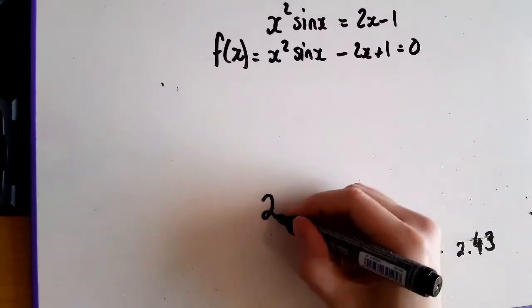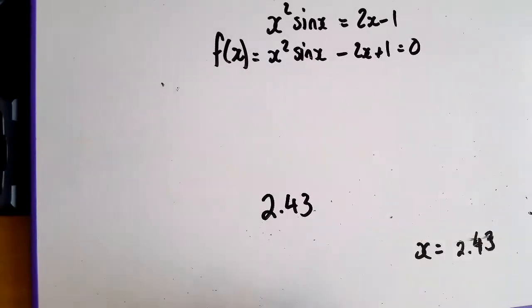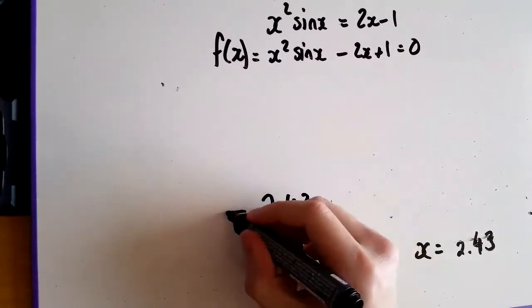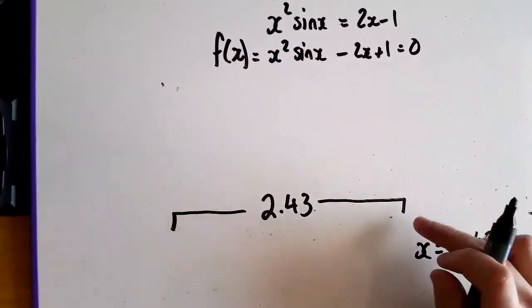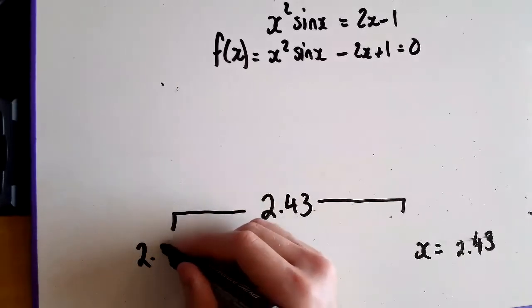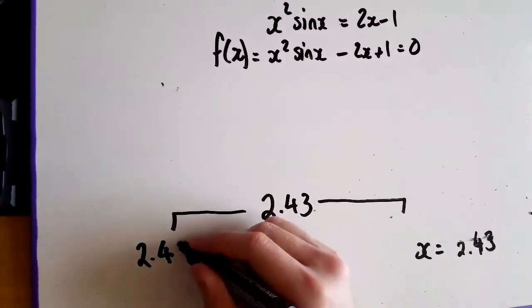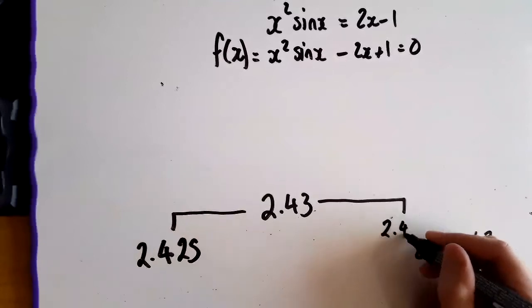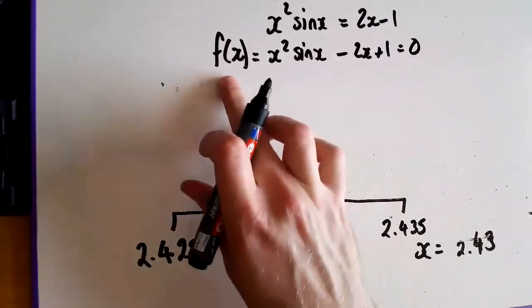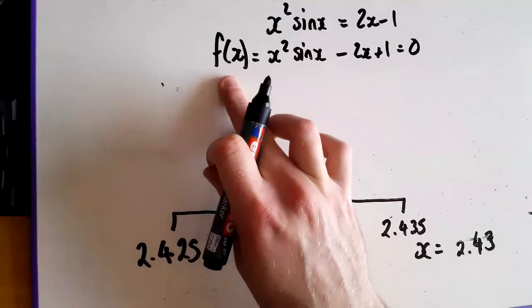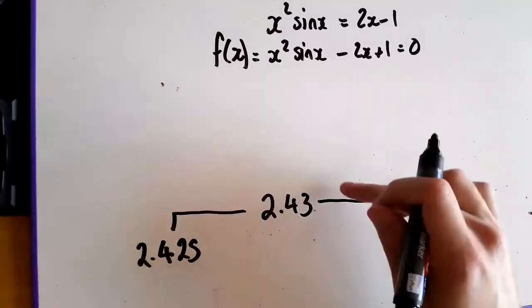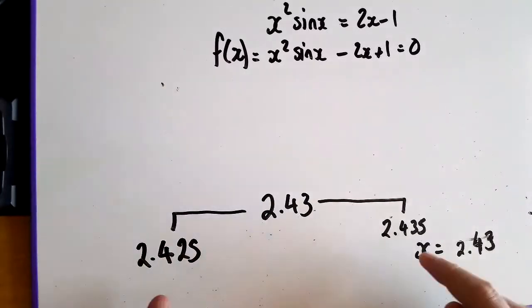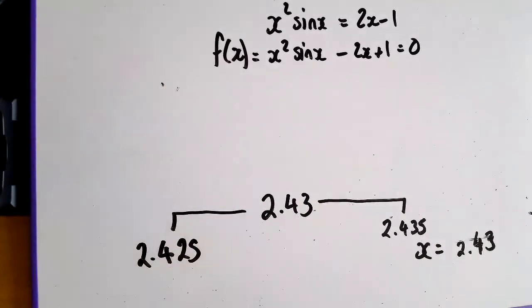What you have to do is think back to GCSE and think, what's the lowest number that would round to 2.43? What's the biggest number? So hopefully you'll remember that's upper and lower bounds. So 2.425 and 2.435. Then when you sub these numbers into here, one will be negative, one will be positive. So therefore the answer must round to 2.43. It's in the middle of these two, which must be 2.43 to 3 significant figures.